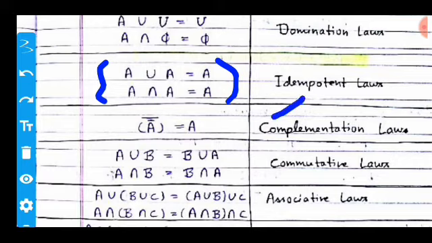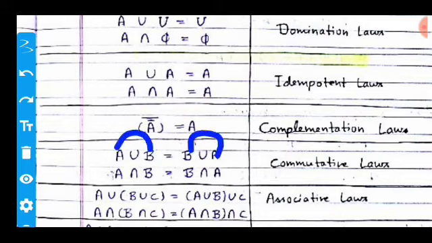The complementation law is represented like the double complement of any element gives that element, meaning the double complement of A is equivalent to A. Now move on to the next, the commutative law. The commutative law is represented like A union B equivalent to B union A, and A intersection B equivalent to B intersection A, meaning interchanging the positions of A and B represents your commutative law.